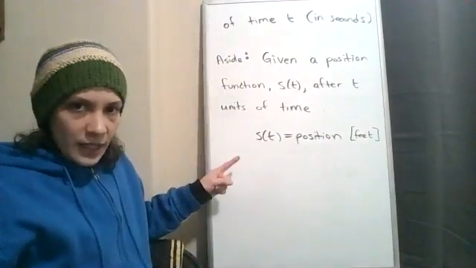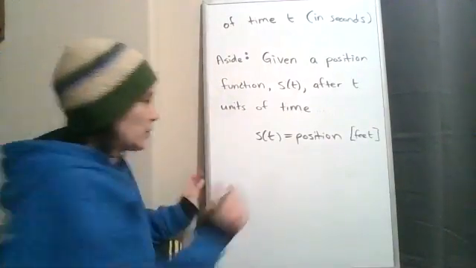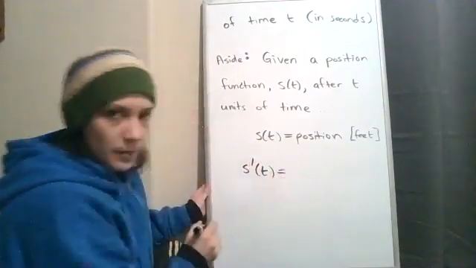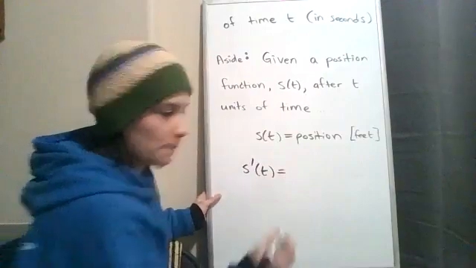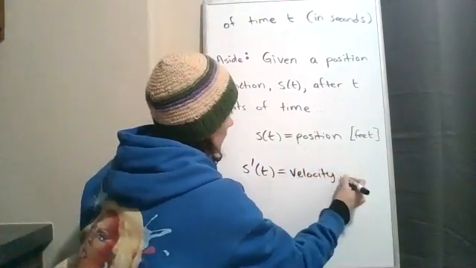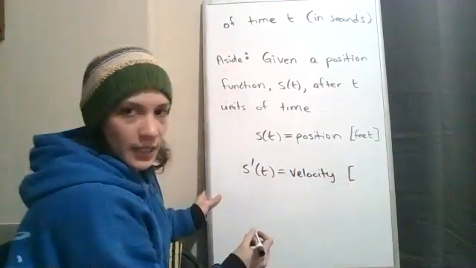Take the derivative of that, and it's velocity, so s prime of t, your velocity function. Feet per second.